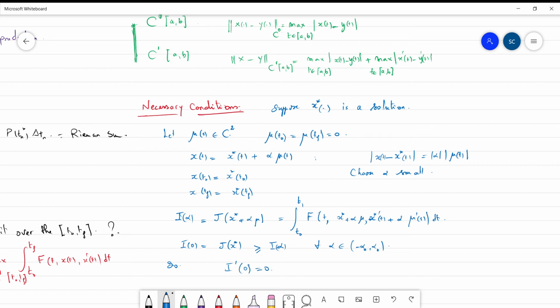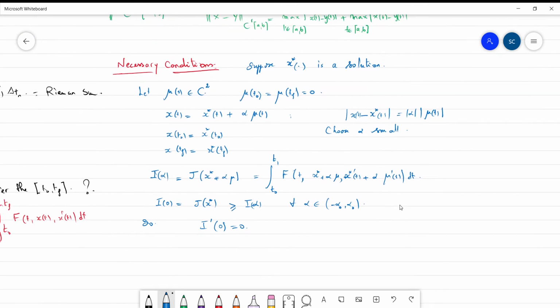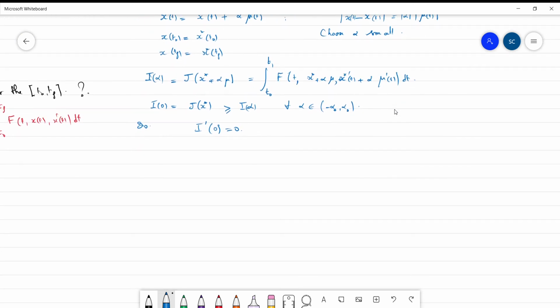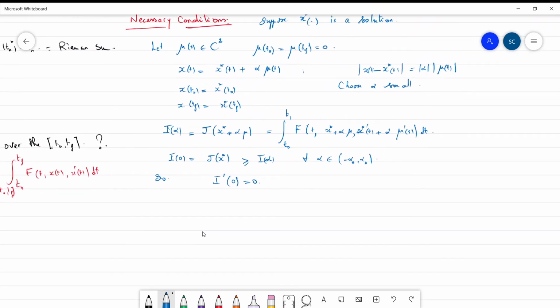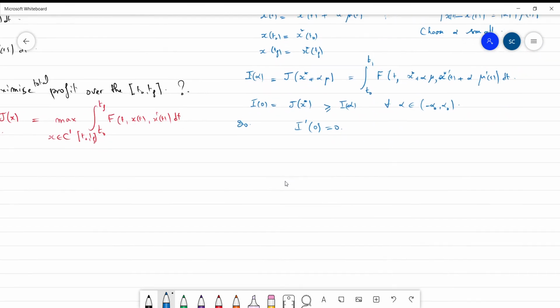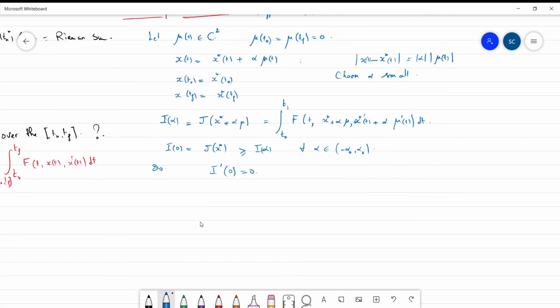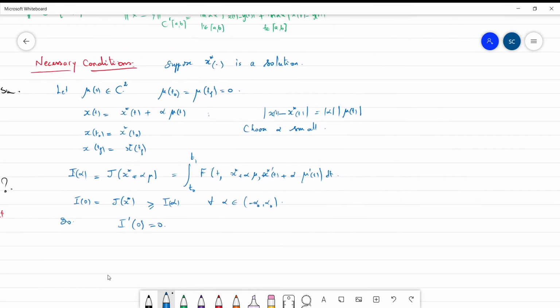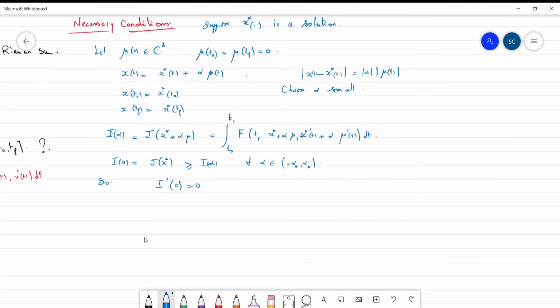Let's express the derivative, and you will see the same idea we used for optimization problems in Rn. We have the same kind of way to prove it.